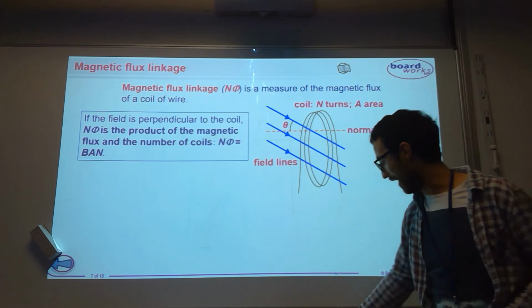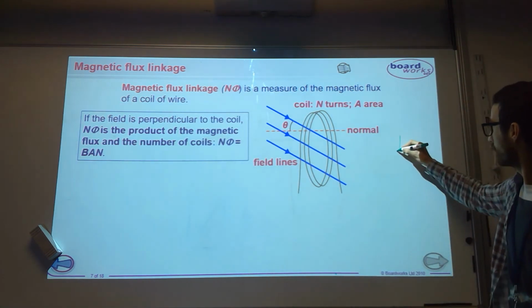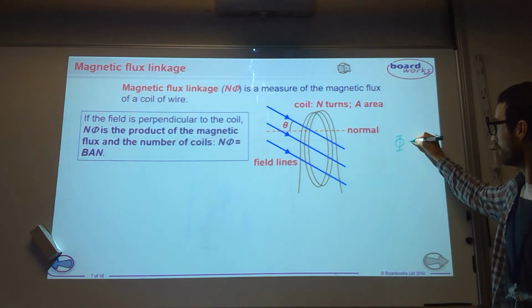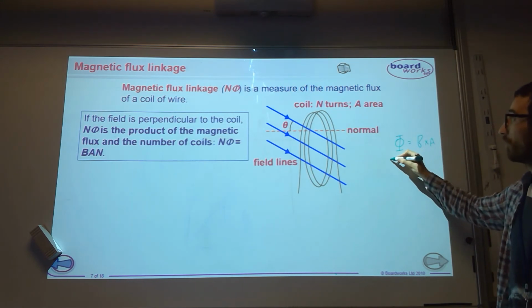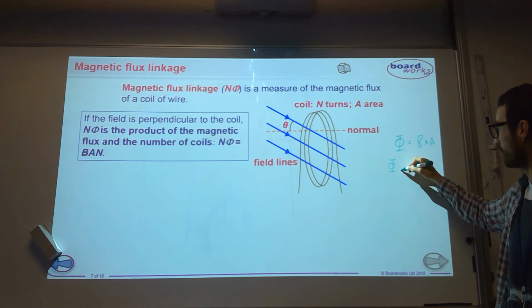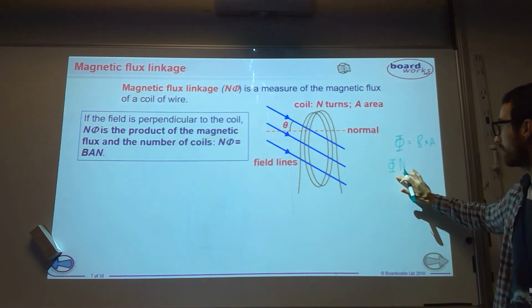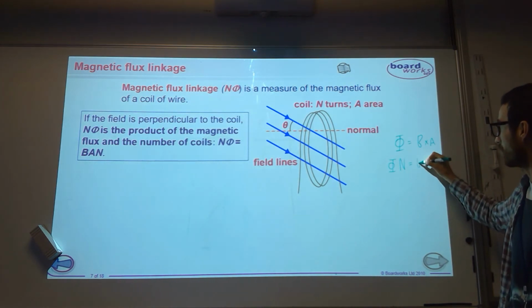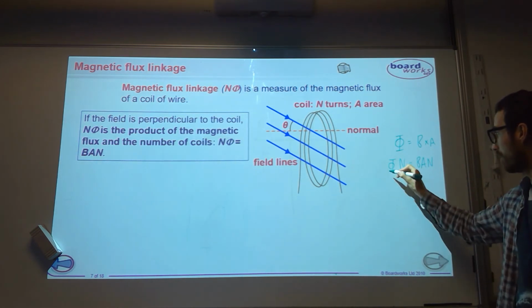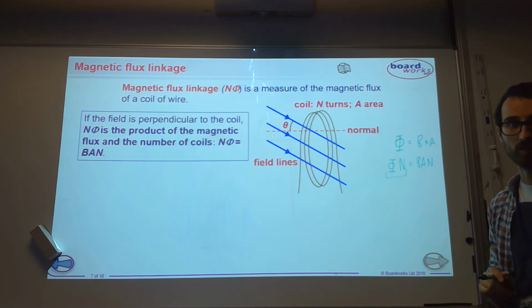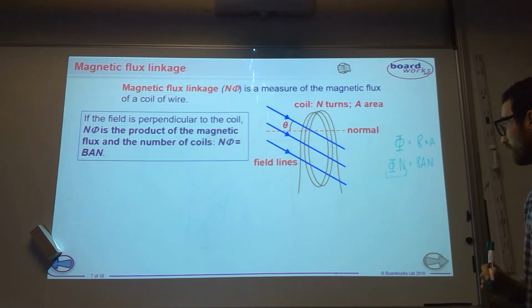Now, as we mentioned earlier, magnetic flux is equal to magnetic flux density times area. Well, if we're talking about the magnetic flux linkage, which is just when you times the magnetic flux by the number of turns, then we're just going to get the equation BAN. We times both sides by N, basically. This here is a useful thing that we'll use in future topics.